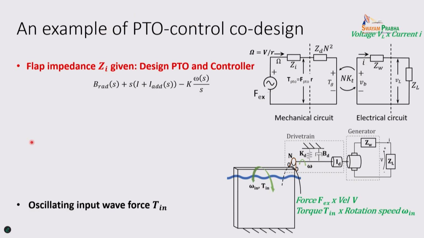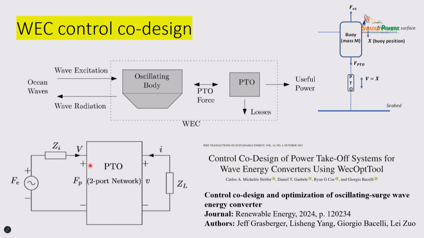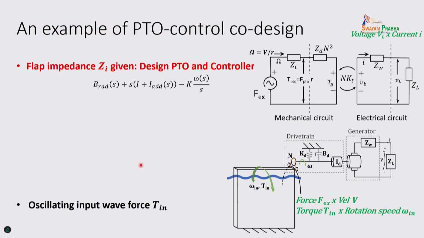And then I will explain a little bit more about these two terminals, right? You have excitation force, you have input impedance, right? And then eventually, using the generator, you generate voltage, and you shunt the load, you get current, right? So let us say in a system like that one, a flap, right?